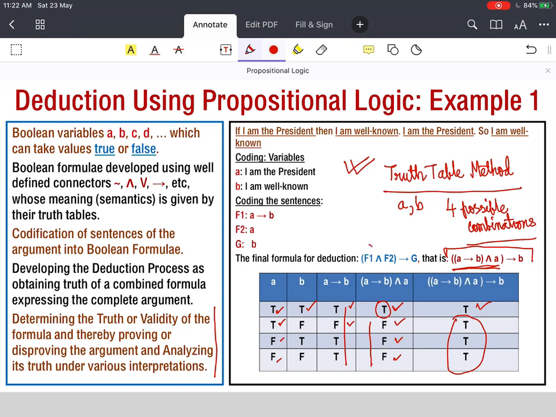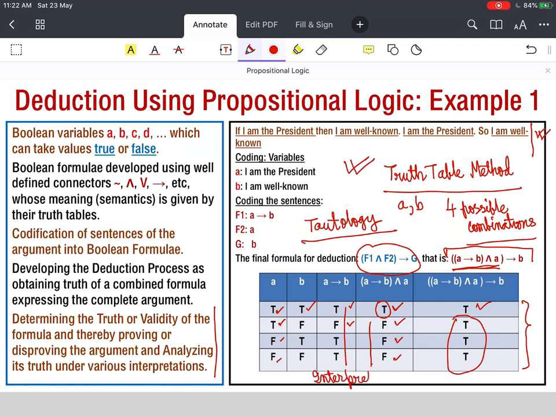So we see that for all possible combinations of A and B, the final combined formula that we had is true under all cases. Therefore, this formula is a tautology. Therefore, we can say that this sentence is true under all circumstances.